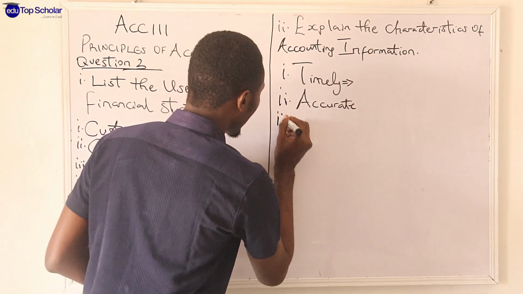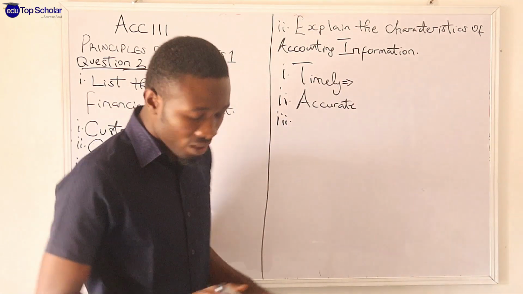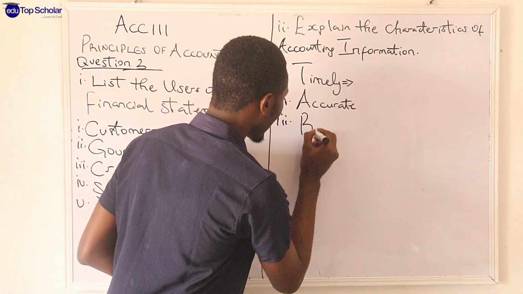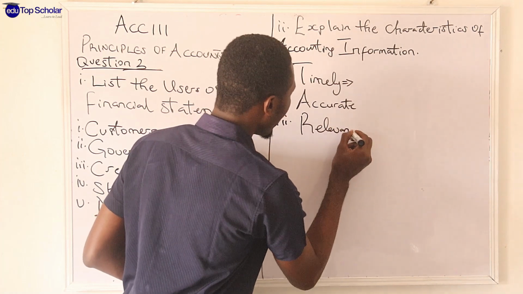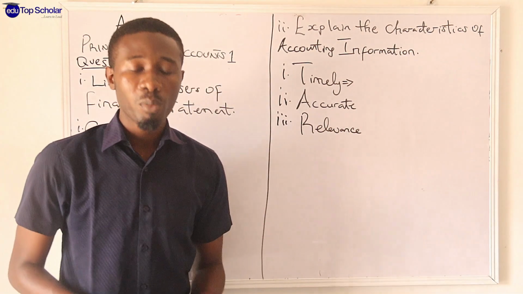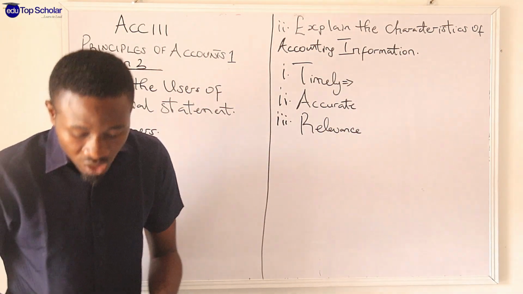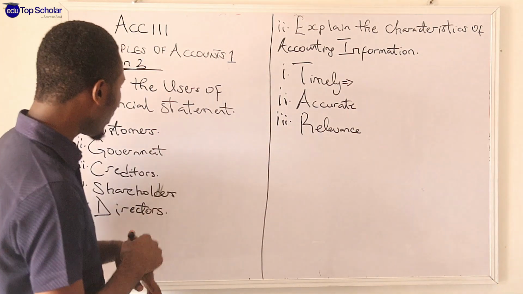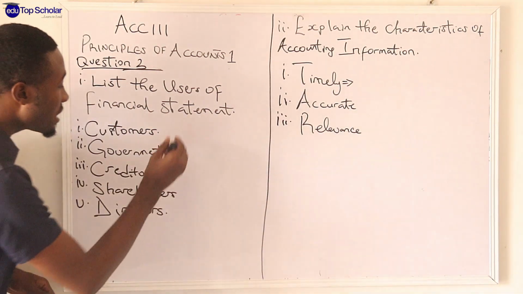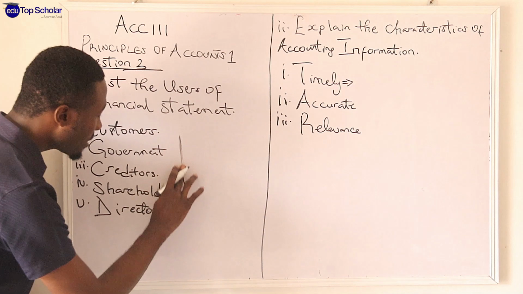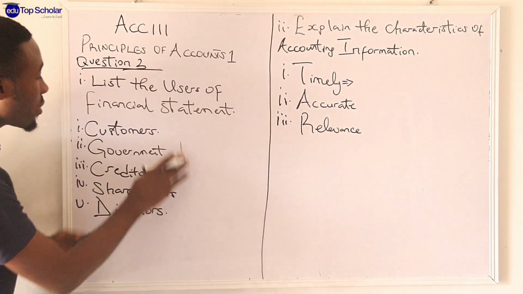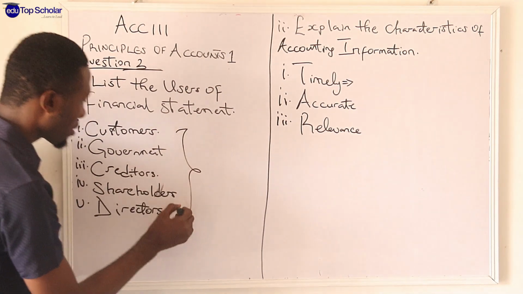And the next one is relevance. Accounting information must be relevant. It must be helpful in making decisions. These people need it to make decisions.